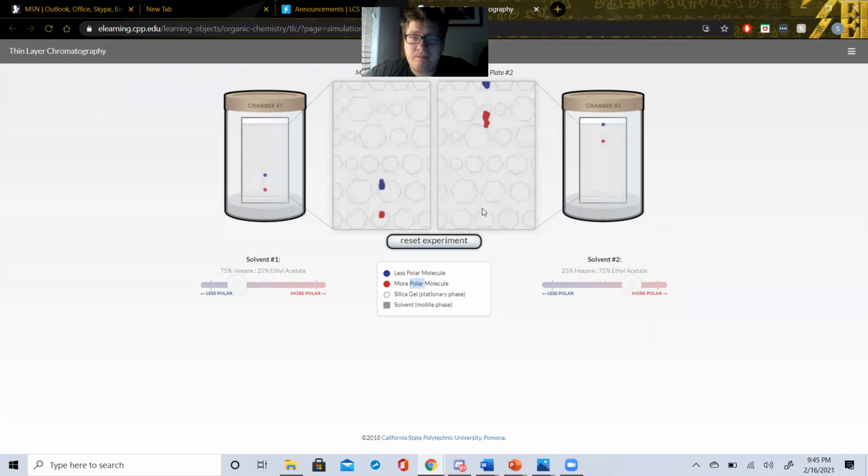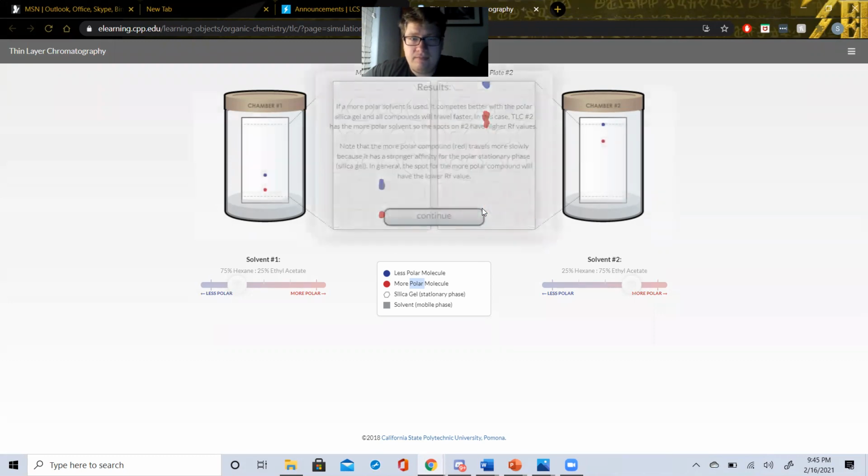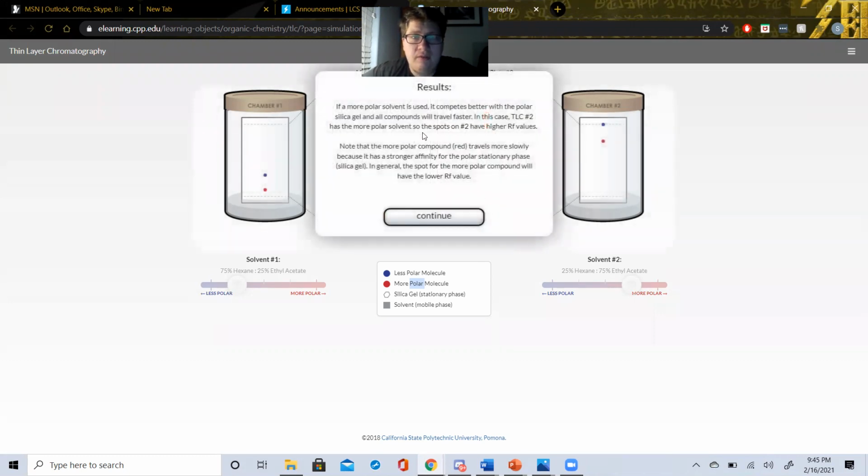Okay. As you can see, it tells you the details here. But what you can do to find the RF value, remember, this entire thing from here to here is 1 centimeter. So you can either roll this out or eyeball it.